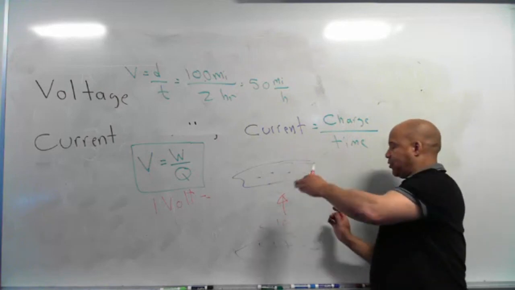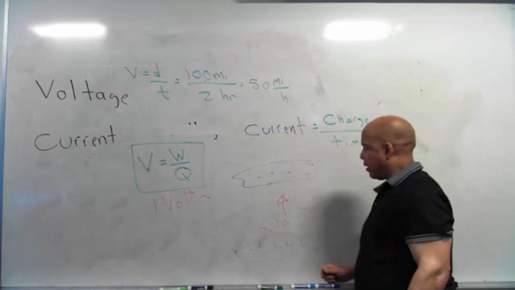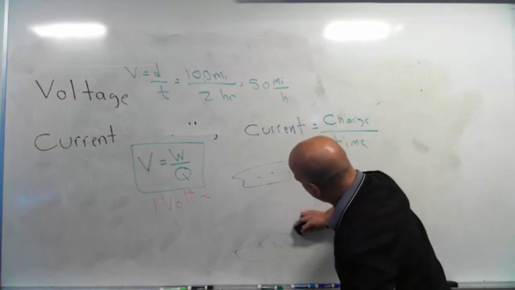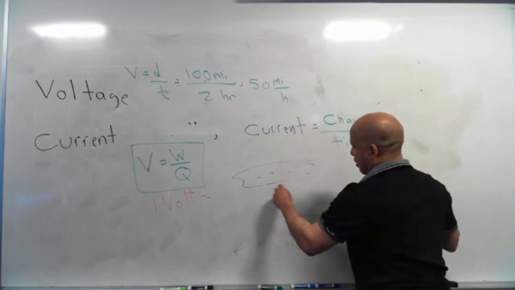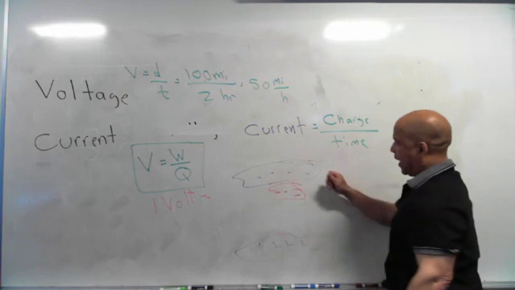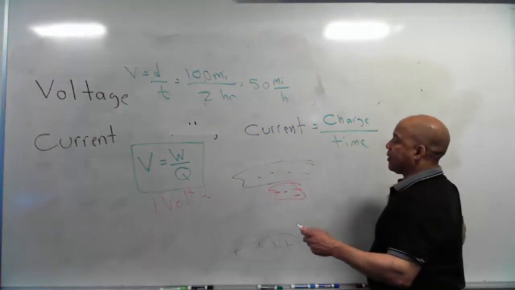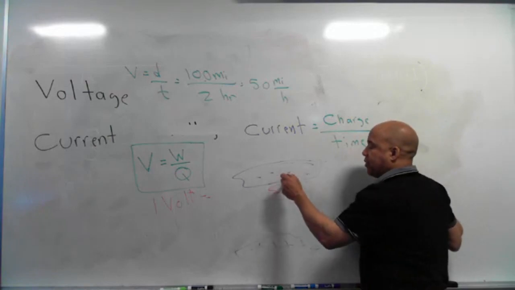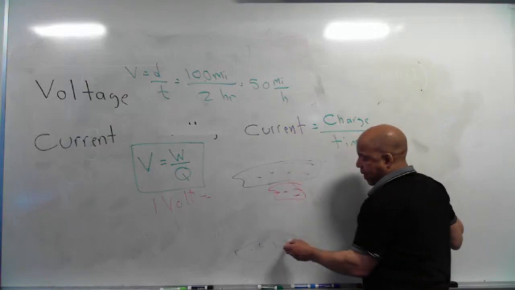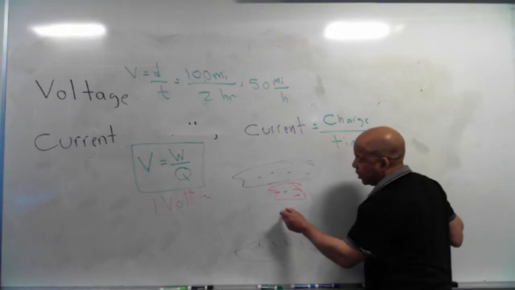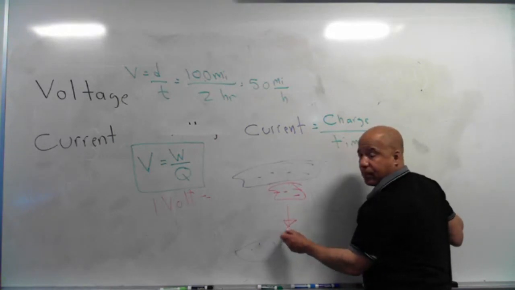So I got a potential difference. I got to do work to move it that way. Well, what if I already have it moved up there and then I let it go? If I let it go, I have like charges here, which is pushing this away. I have positive charges here, which is pulling it down. This 1 coulomb of charge is going to move this way.